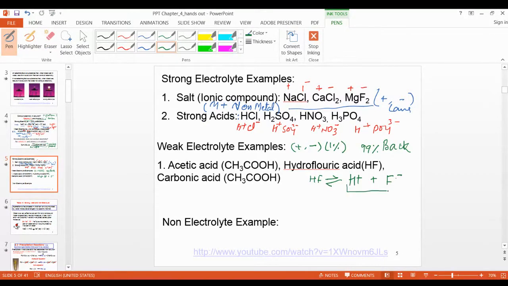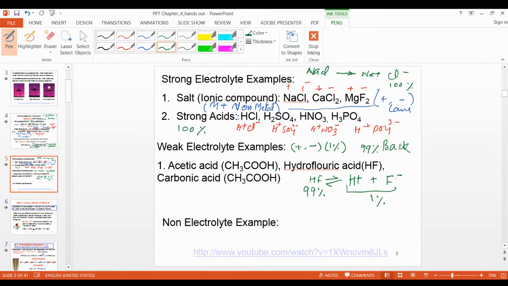So these are only 1% dissociation and return back to 99% HF. But here 100% dissociates, only one arrow you will see, NaCl, then you will get Na plus Cl minus 100%. It will not go back. Similarly, this is also 100% dissociate.